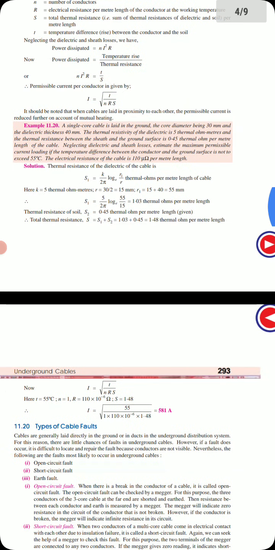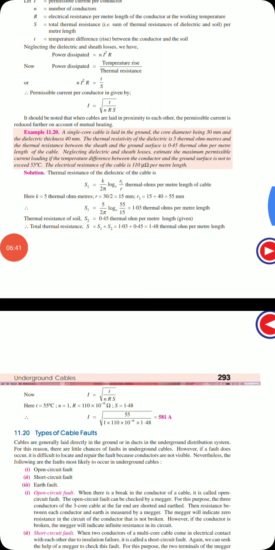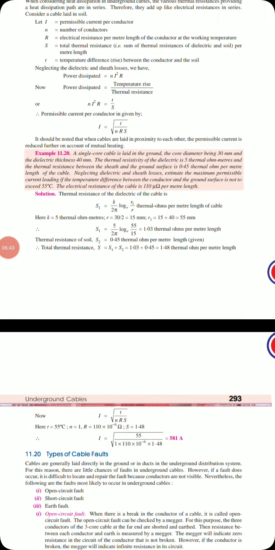Let us see one problem here. A single core cable is laid in the ground. The core diameter is 30 mm and the dielectric thickness is 40 mm. The thermal resistivity of the dielectric is 5 thermal ohm meters, and the thermal resistance between the sheath and the ground surface is 0.45 thermal ohm per meter length.